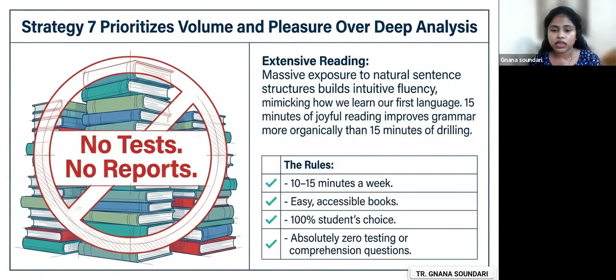Don't do that. Simple. Spend 10 to 15 minutes a week letting them sit and talk about what they have understood and what they didn't understand. So this was strategy 7.